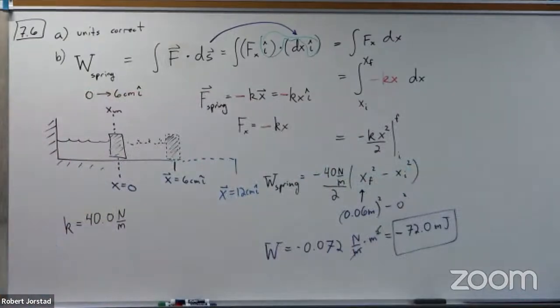I'll erase this board. What do you think? So the initial is 6 centimeters now? Would the initial still be at 0 or at 6? So I'm saying compare 0 to 6 to 6 to 12.